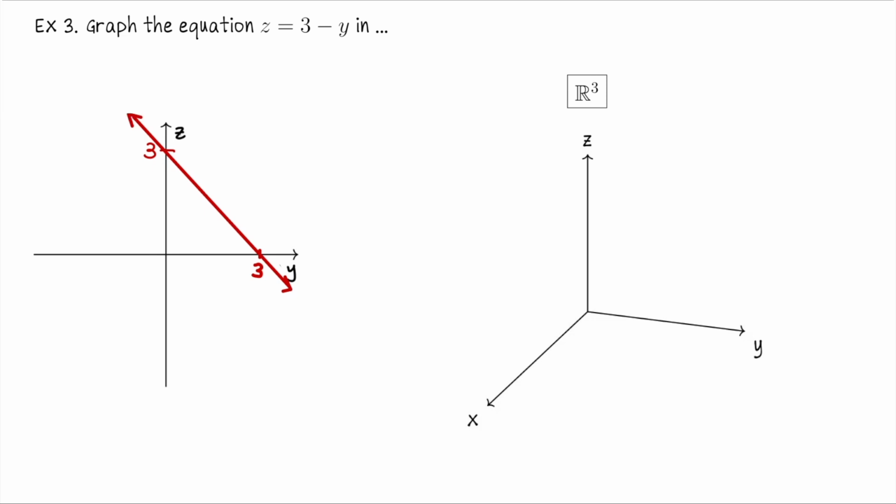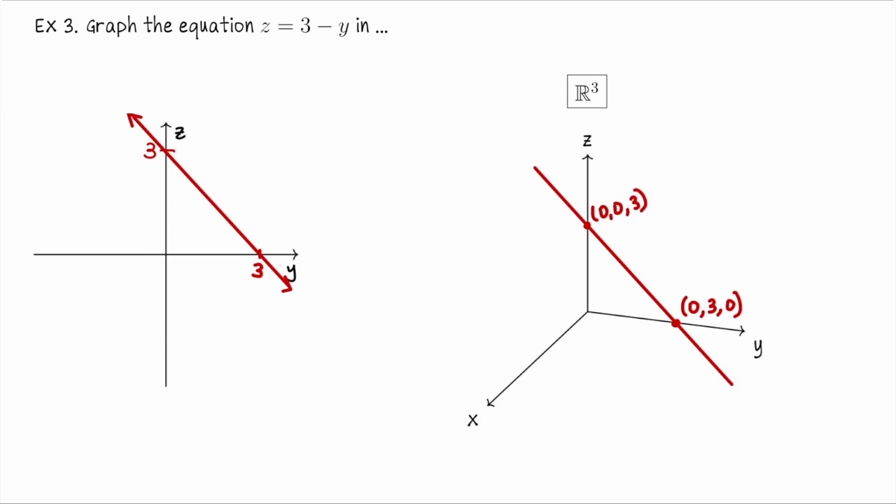If we work in the yz plane as a subset of R3, in other words, if we let x equal 0, then z equals 3 minus y is going to give us the same line that we just saw. So we'll pass through the point 0, 3, 0 and the point 0, 0, 3. So here's a portion of the graph z equals 3 minus y in R3. This is the portion that occurs in the yz plane when x is 0.